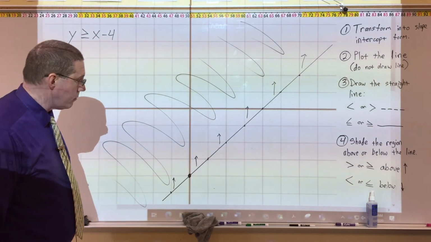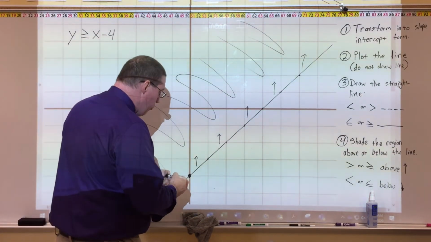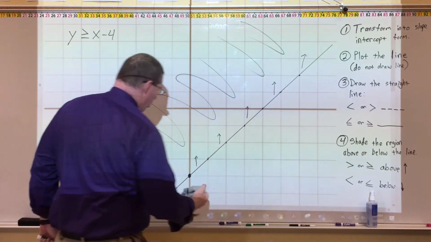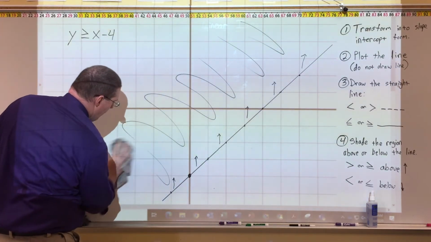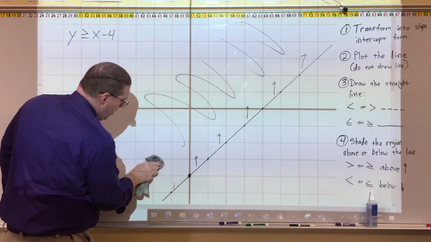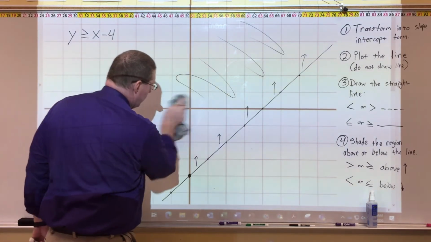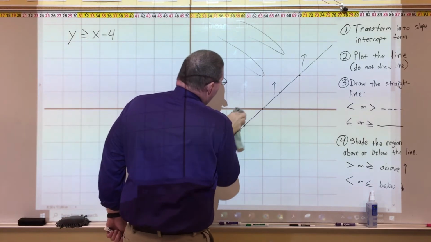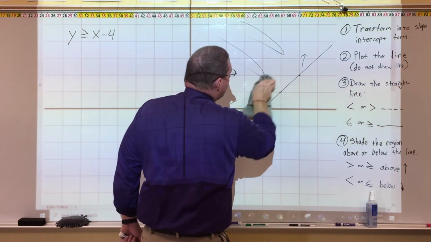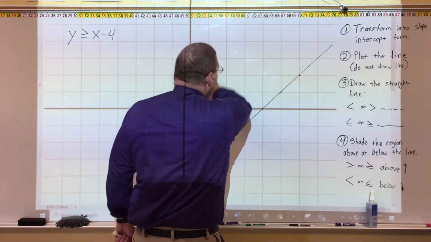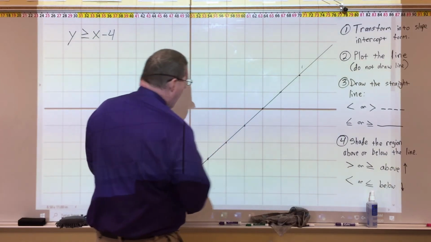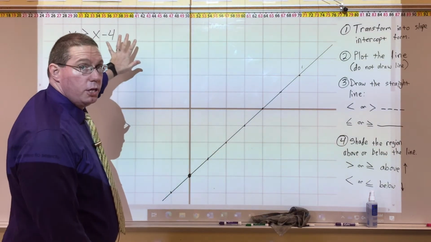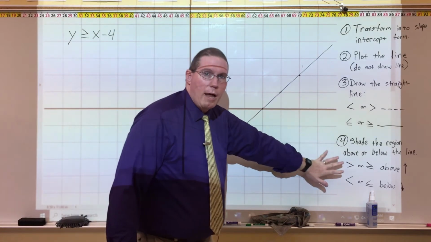Now, there's another way to determine where you're going to shade, and that's called the sample point. Let me show you something. This shaded region represents the entire solution: every point over here is a solution, and every point over here is not a solution.